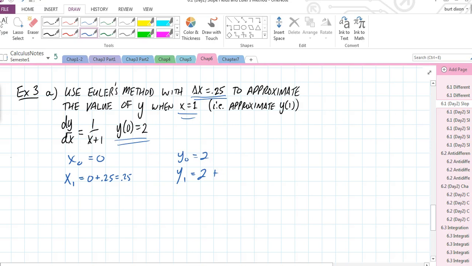So our slope is 1 over x plus 1. Our previous point is 0, 2, so that's going to be 1 over 0 plus 1.